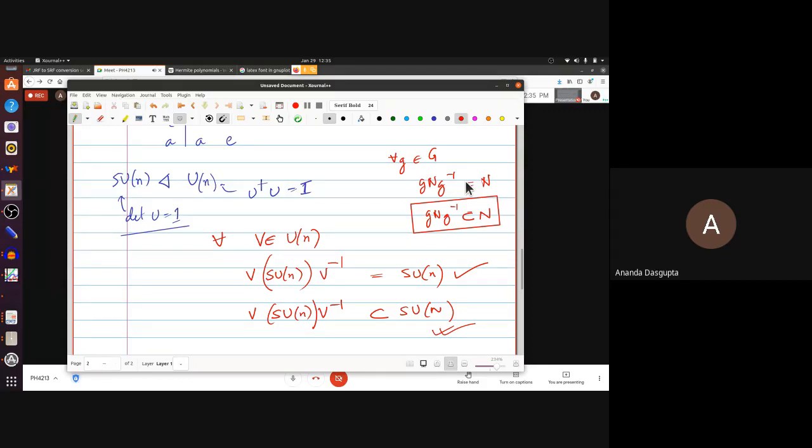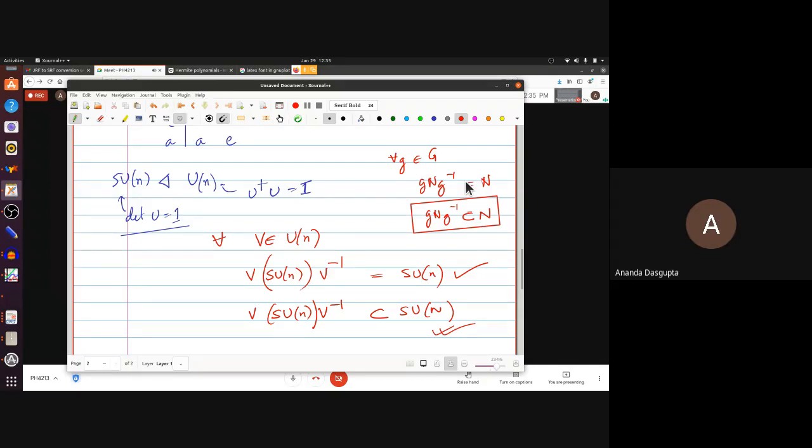That's enough. Can anybody see why? Is everybody clear about why that is true? We can just multiply by g inverse on the left and g on the right. Yeah.